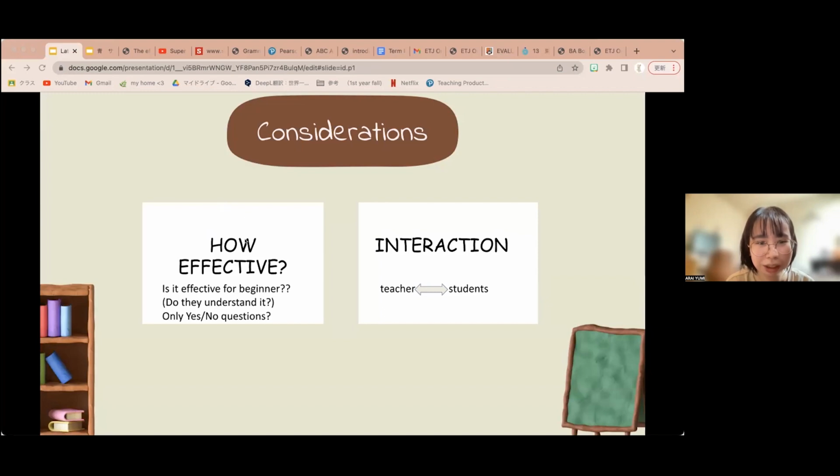Also, it looked like a very communicative activity at first, but the interaction is only happening between the teacher and the student. So if I have a chance to teach in a large class, I would make some groups and let them think of questions in a group. In that way, I really want to make it a very communicative activity in the future.